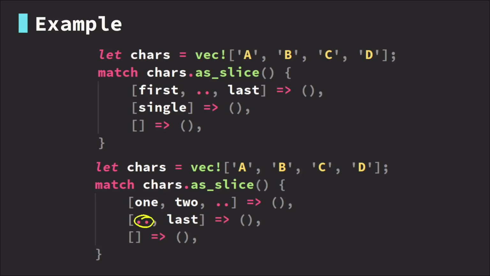Since the two dots can match 0 elements, this match arm will trigger even if there's only one element in that slice. The last arm is again an empty slice, so that'll match if there's no elements within the slice. Since we're using match expressions, if we forget, for example, to have an empty slice match, then we'll get a compiler error indicating that we haven't covered all possible scenarios.